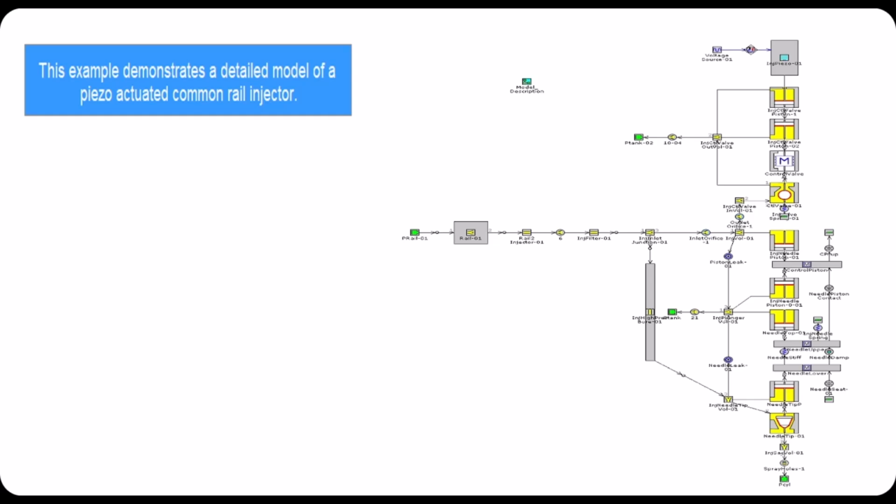And absolutely, this example demonstrates the use of flow, as I said, mechanical and fluid mechanical templates to model a piezo-actuated common rail injector with a relatively high level of detail. The interaction between the hydraulic and mechanical components is modeled through fluid mechanical templates. The injector dynamics are thus predicted based on geometry and physical quantities describing the components.